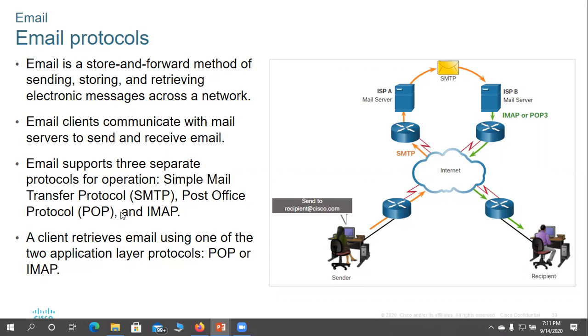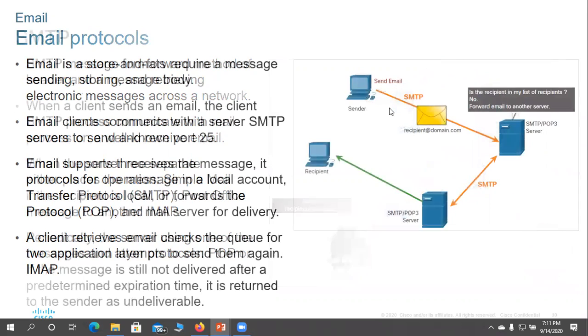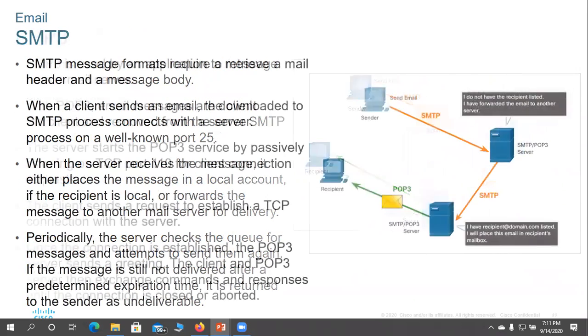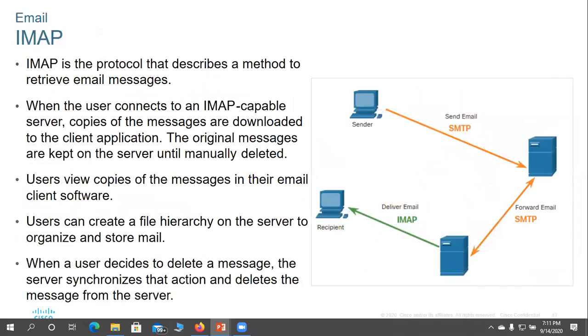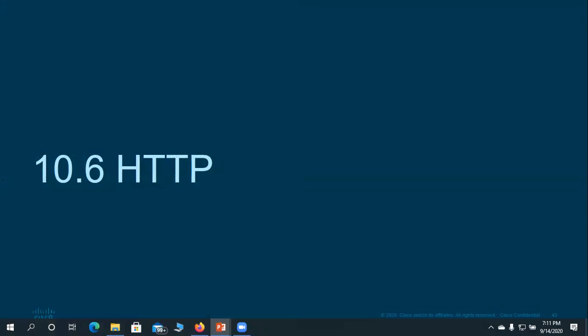You can either use POP3 or IMAP. The difference between POP3 and IMAP is that when you receive an email through POP3, that email will be deleted from the server. But when you receive an email using IMAP, that email will still be on the server. I've explained that.